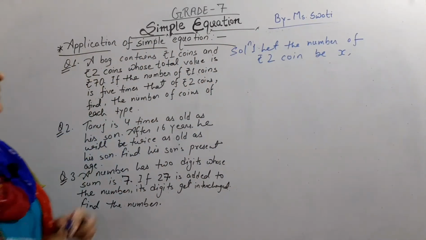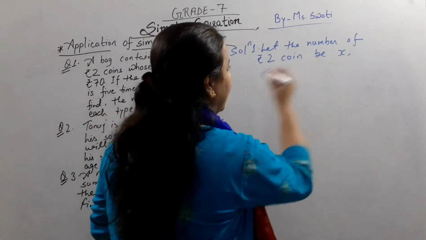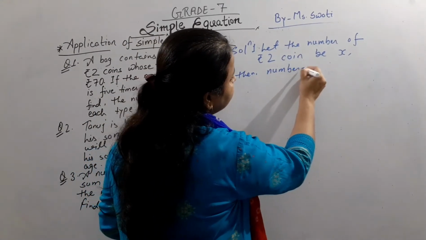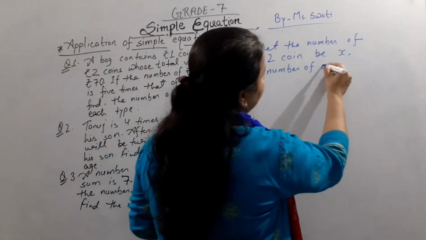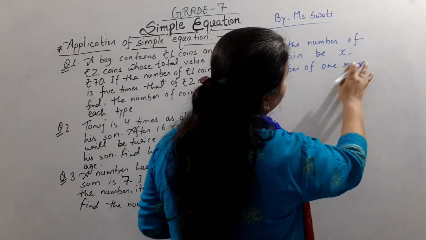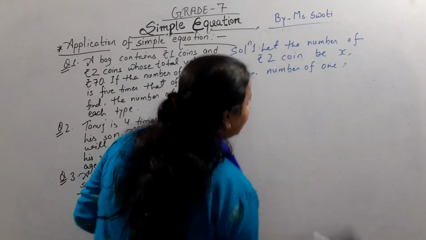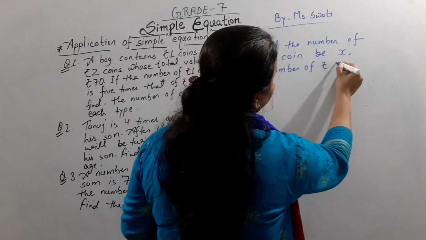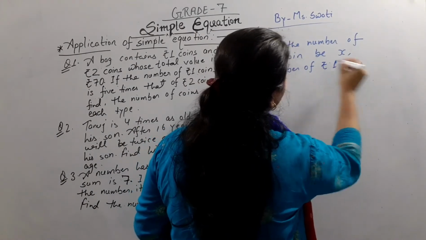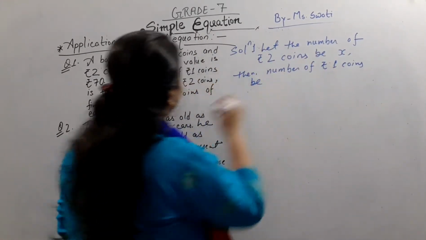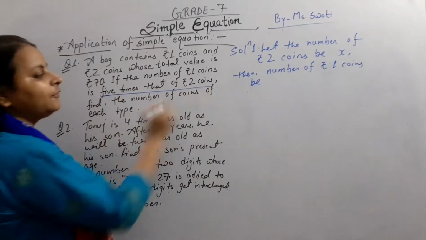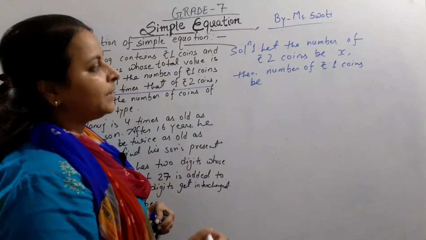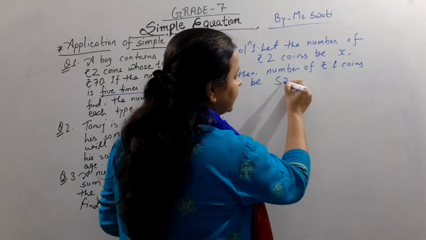We suppose that the number of ₹2 coins be x, then the number of ₹1 coins will be 5 times that of ₹2 coins.